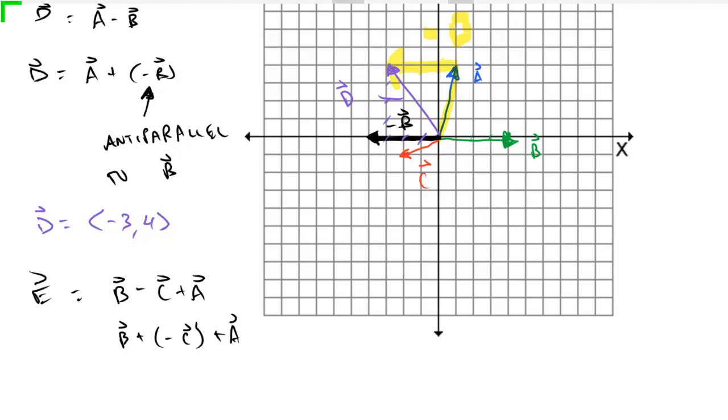Again, addition is commutative. We could have started with negative C plus B plus A, etc.